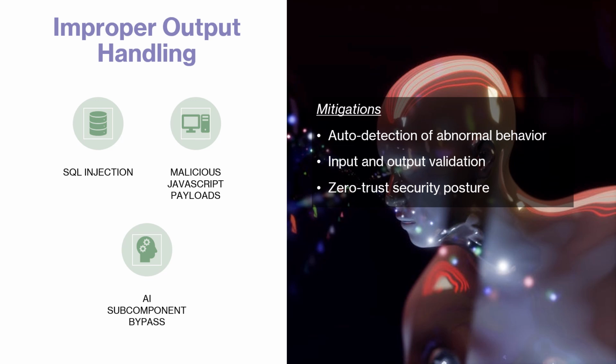And then in the prompt injection example, we did talk about how it could bypass with a proper wording of prompts, a direct prompt, even indirect prompt. It can bypass certain subcomponents of the AI model itself. For example, bypassing the ethical and safety restriction guardrails on the AI model itself.